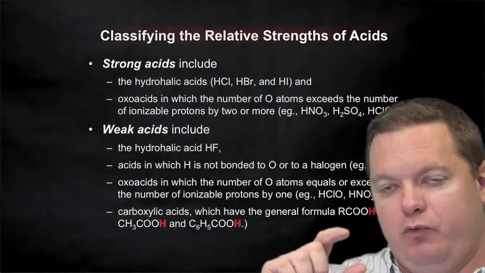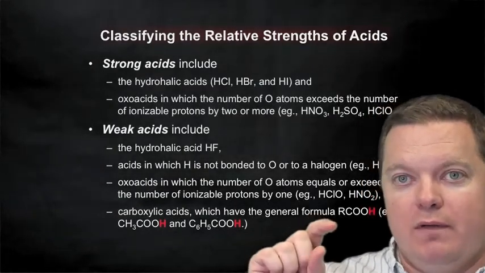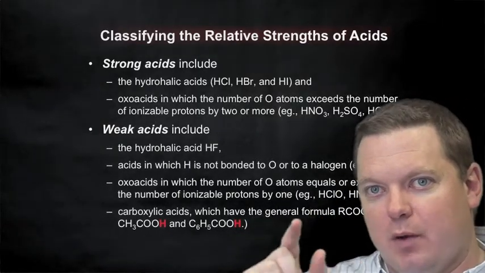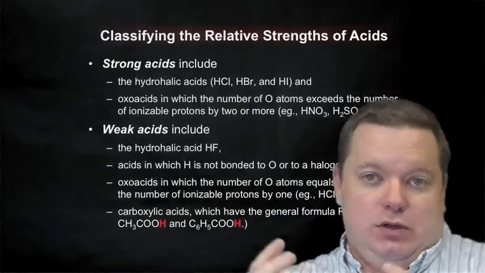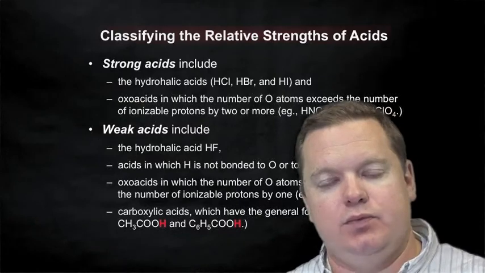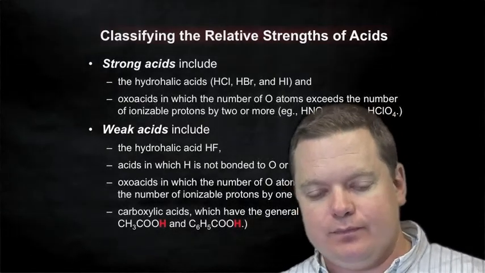If we think of the Lewis structure, one of those oxygens is double bonded to the carbon. We have a single bond between the carbon, the oxygen, and the hydrogen. So these are the general form of carboxylic acids. Those are also going to be weak acids.